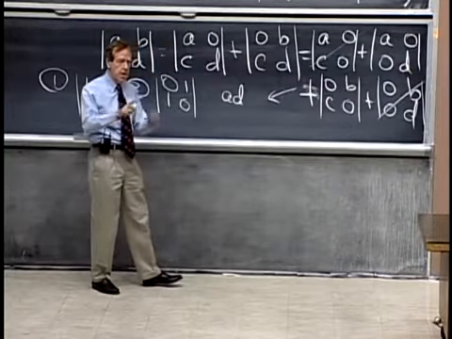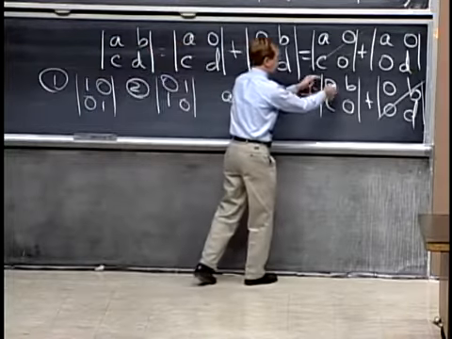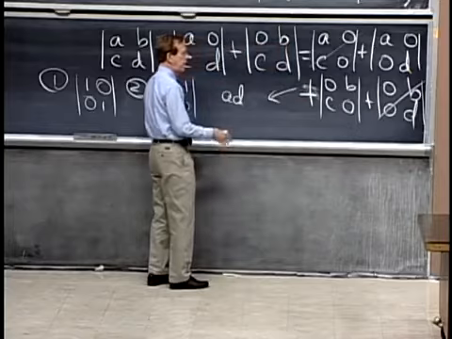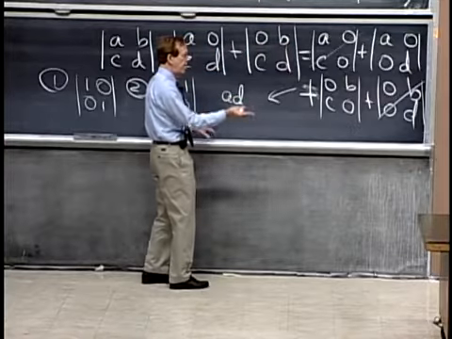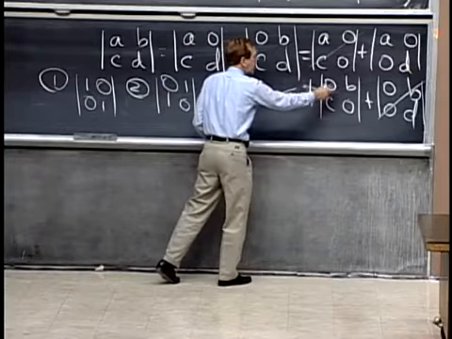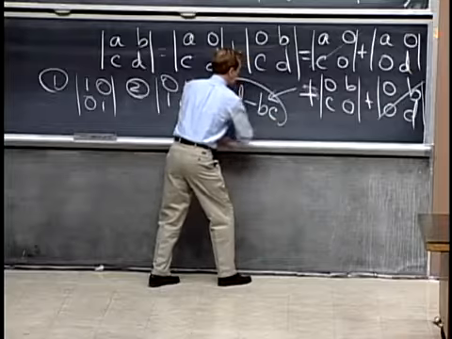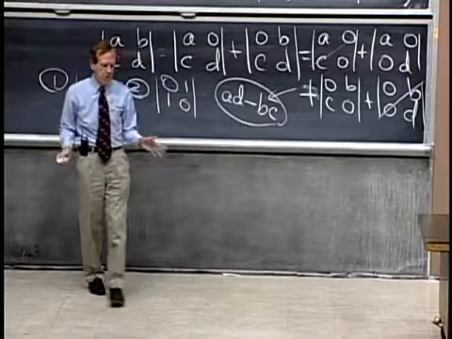Minus, because I would use property 2 to do a flip to make it CB, then property 3 to factor out the B and the C, and that minus, and of course, finally, I got the answer that we knew we would get.